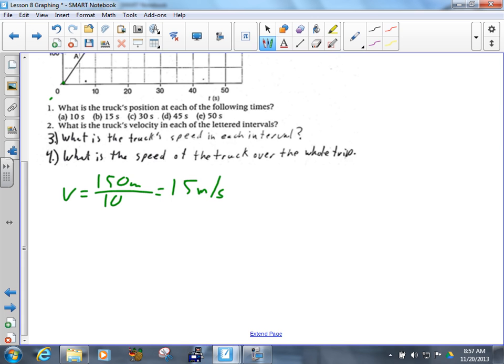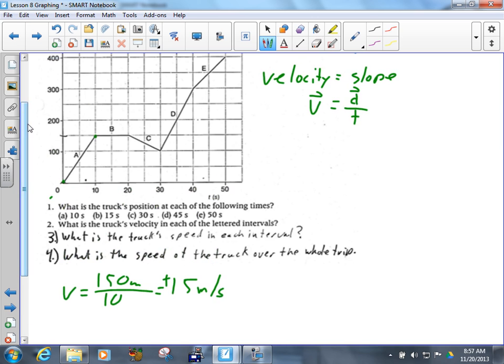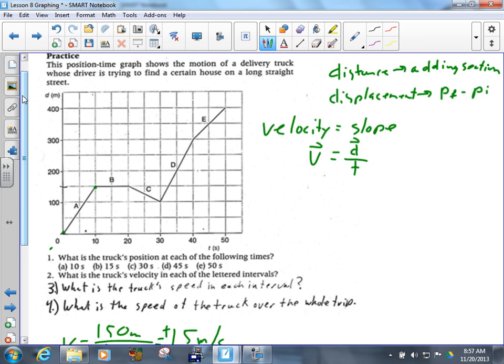And we can say forward or positive or whatever. We do have to give a direction on that because, what did they ask for? Velocity. Okay. What's the truck's velocity in B?